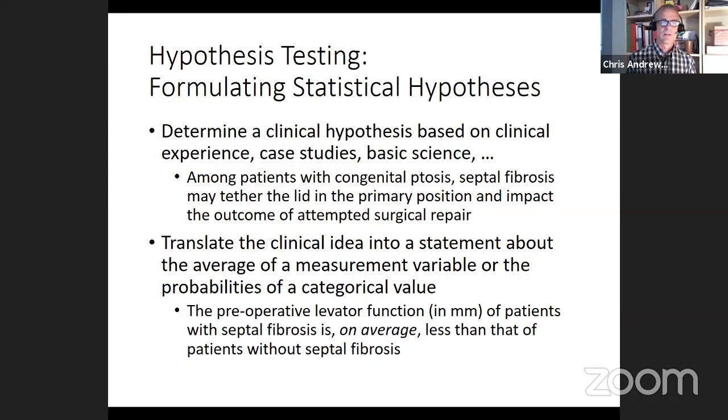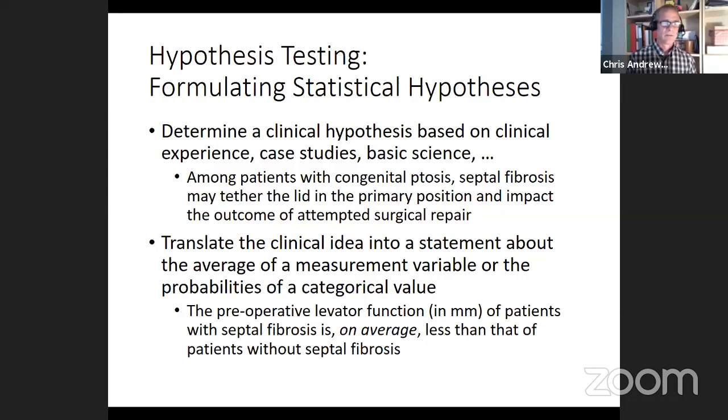Or you want to say, look, I've seen this with one type of drug, maybe it happens with another type of drug as well, it's related. Just something that you have seen that you think would be important if true. And then you say, well, rather than just guessing that it's true or hoping that it's true, I'm going to go collect some data and see if I can show that it is true.